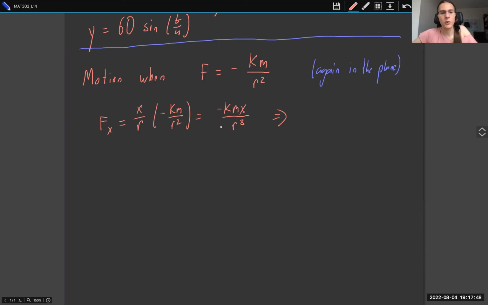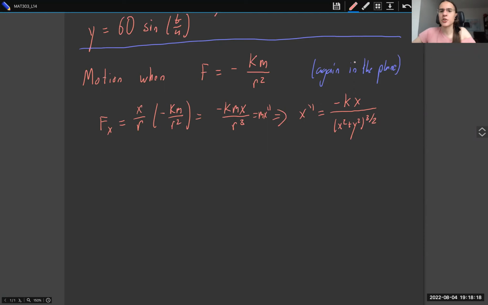So that's equal to mass times acceleration. And so we get something like x prime prime is equal to negative k, we canceled out mass, kx over the square root, well, rather x squared plus y squared to the 3/2.